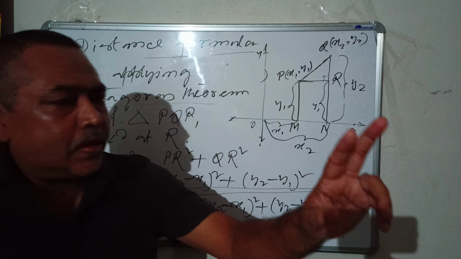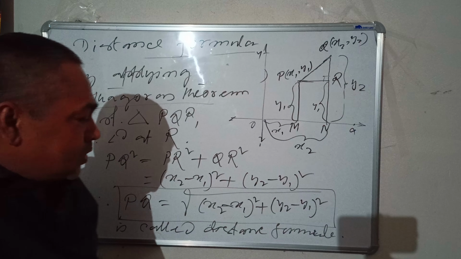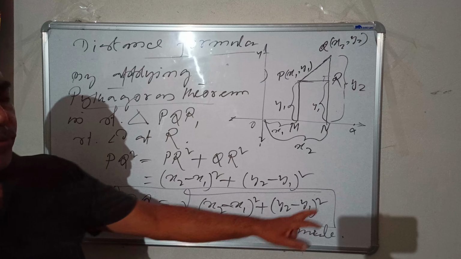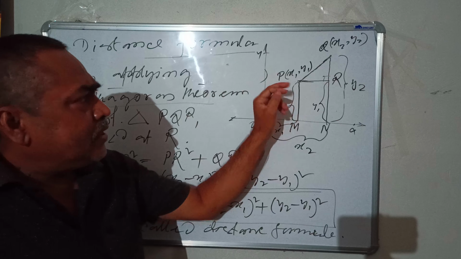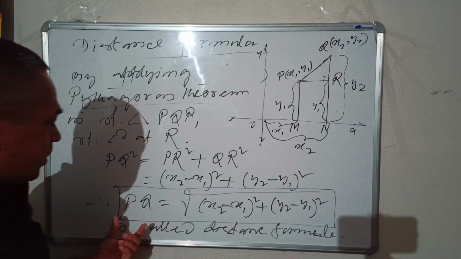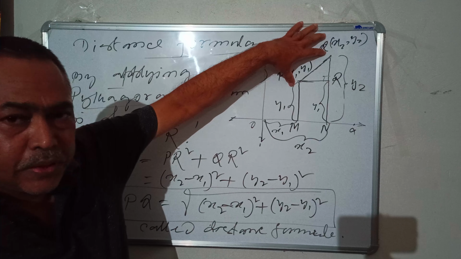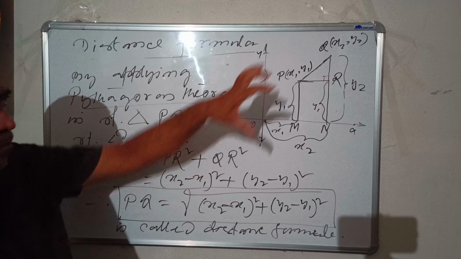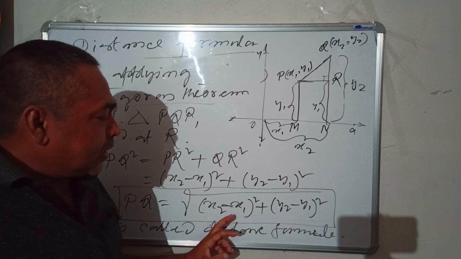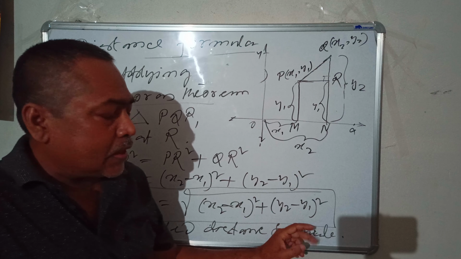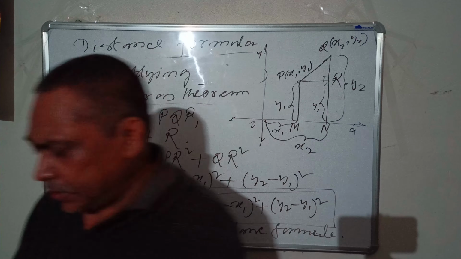So when you are given two points with their coordinates, you can find the distance between these two points by using this formula. You can name one point as P and the other point as Q, then distance PQ, that means the distance between P and Q. The line segment PQ, its length is given by square root of (x2 minus x1) whole square plus (y2 minus y1) whole square. I hope you have understood the formula.